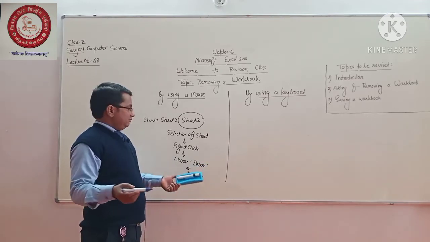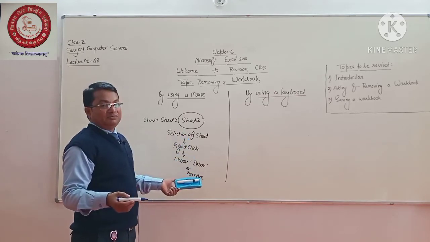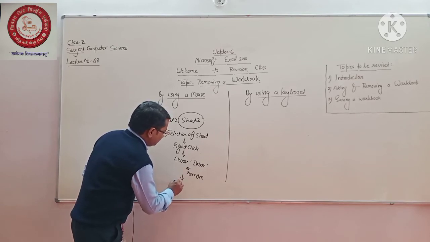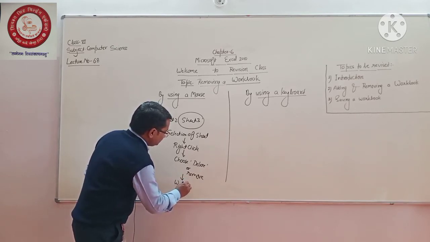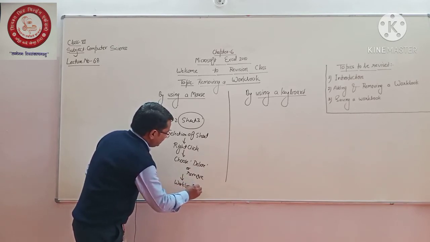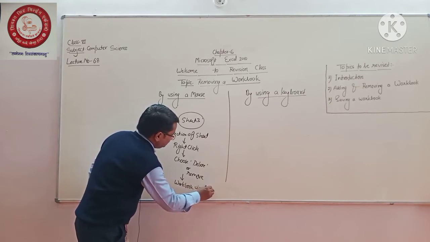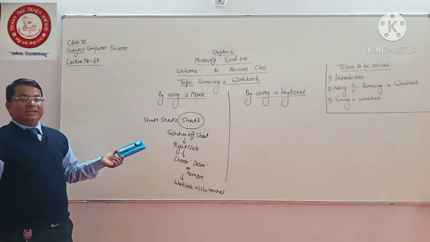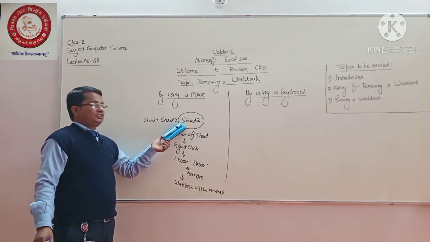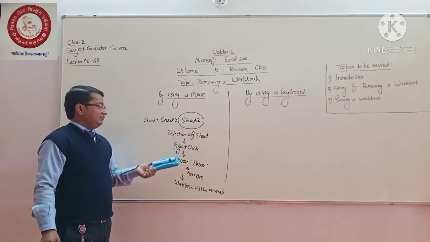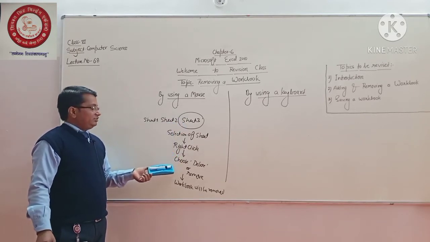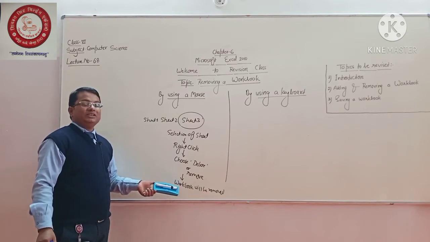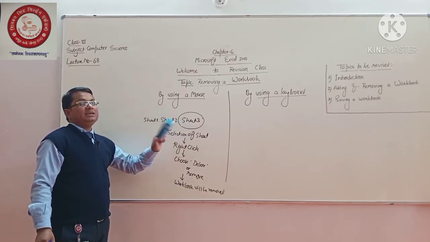Once these steps are done, immediately your workbook will be removed. Let me repeat one more time. First, the sheet needs to be selected. After that, make a right click. Then choose the delete or remove option. And finally, once you click on that, the sheet will be removed.